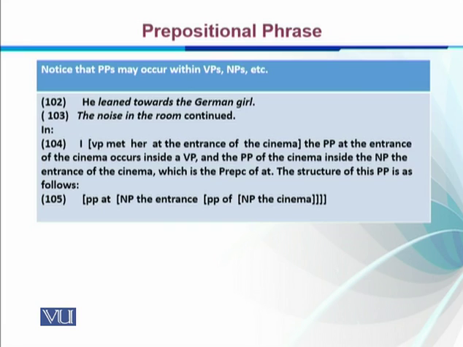So this is a very usual way of using prepositional phrases, in which we have a head prepositional phrase or a main independent prepositional phrase which has certain embedded or subordinate prepositional phrases.